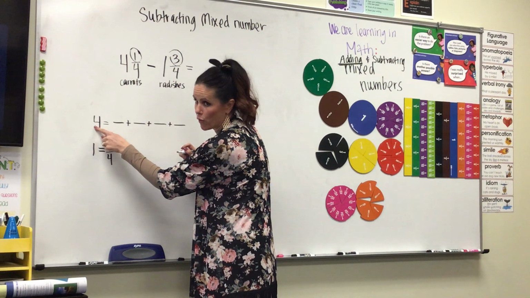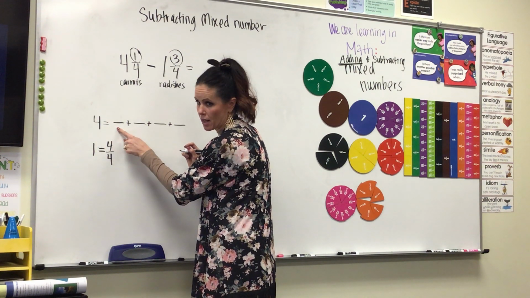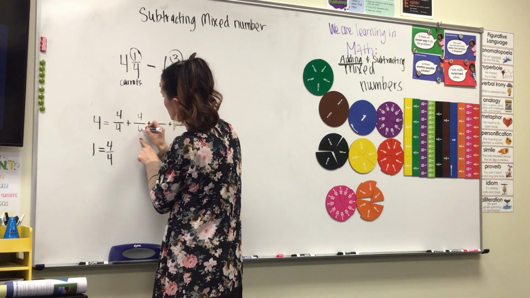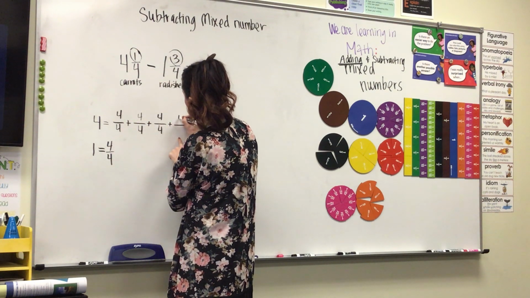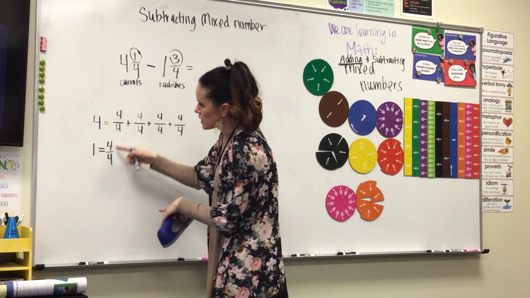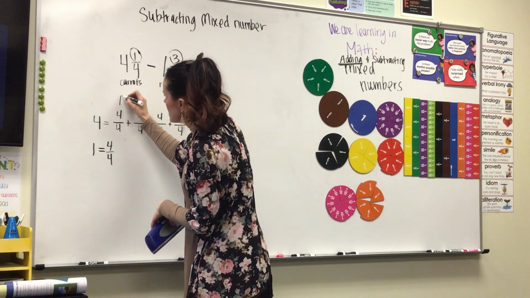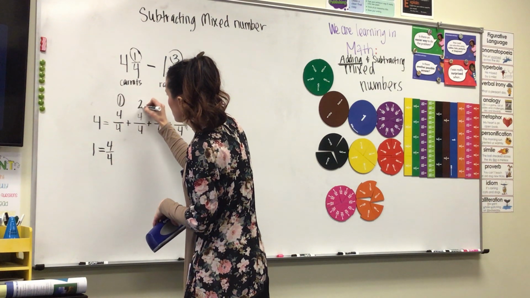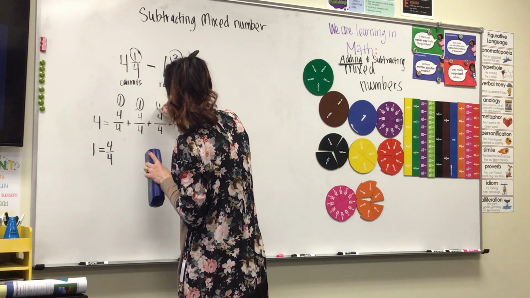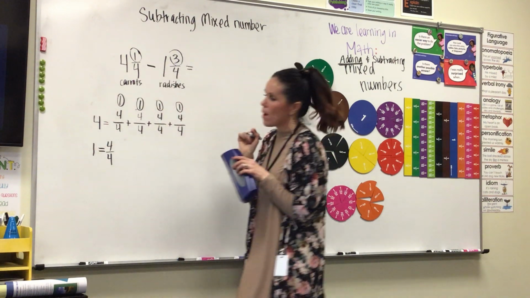Okay, and I have 4 now. So what would I make this fraction? 4 fourths. What about this one? 4 fourths. What about this one? 4 fourths. What about this one? 4 fourths. And 4 fourths is equal to 1. So isn't this just 1? And here, let's do 1 and another 1 and another 1 and another 1.